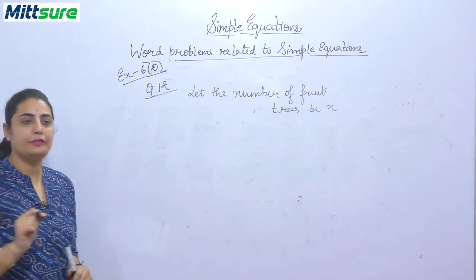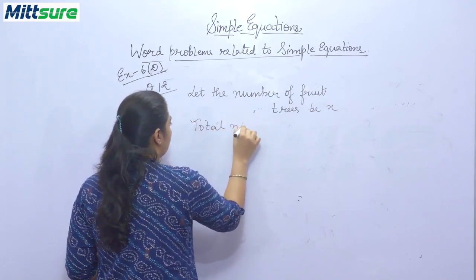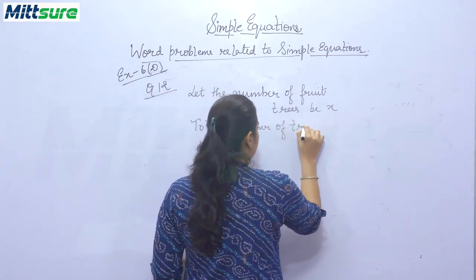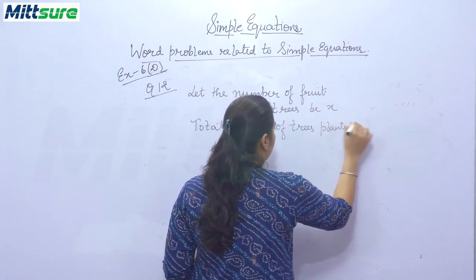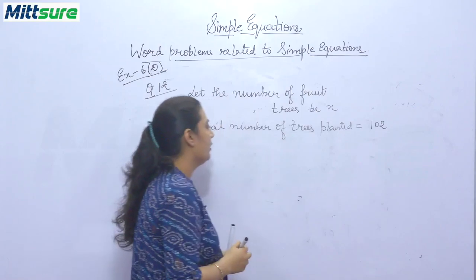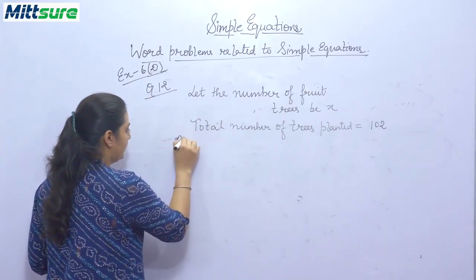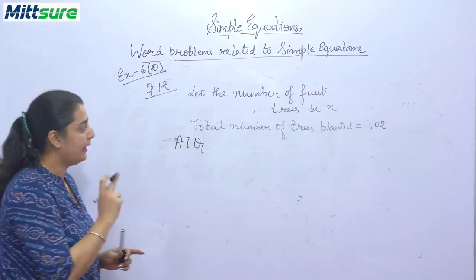Now, the total number of trees planted is given to you. Total number of trees planted is equal to 102. Now, let us see according to the question. So, first we have planted x trees.